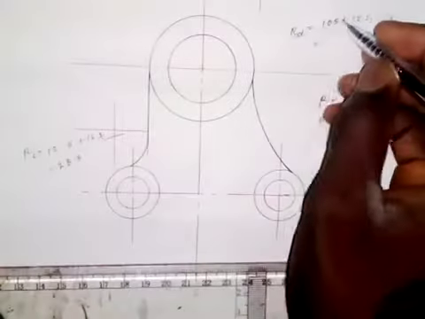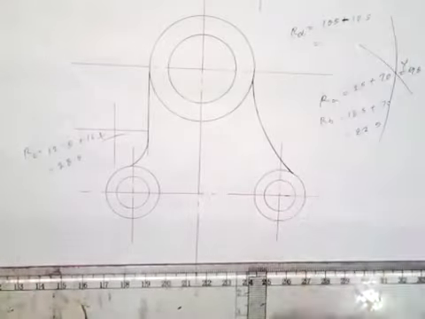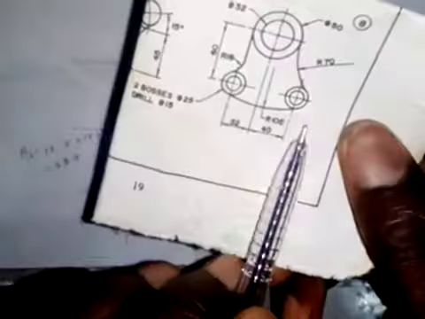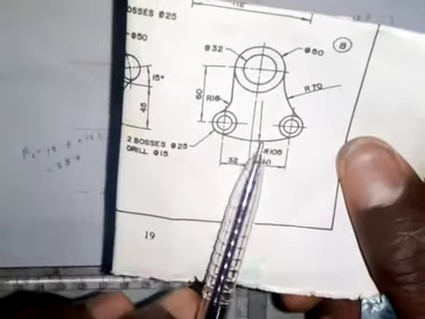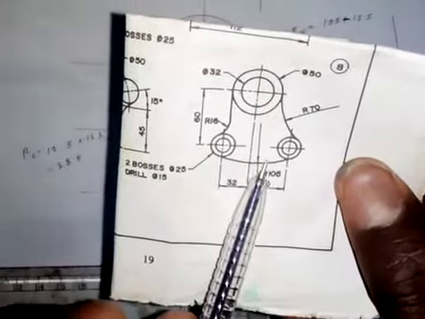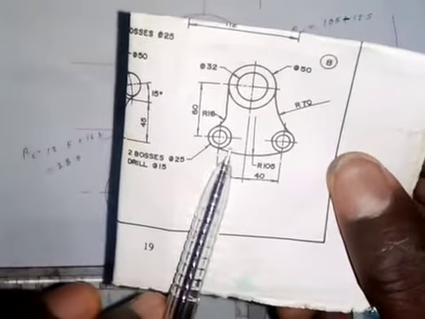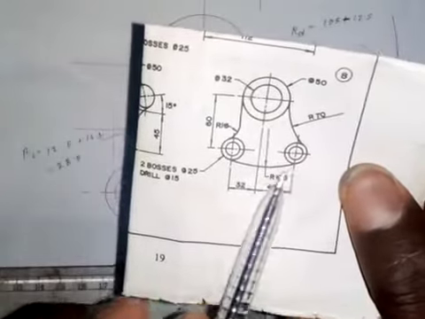Sorry, it's subtraction. We are subtracting, not addition. We need to subtract because this type of arc is an internal arc, in the sense that these circles are sitting inside this curved part. So it's an internal arc.